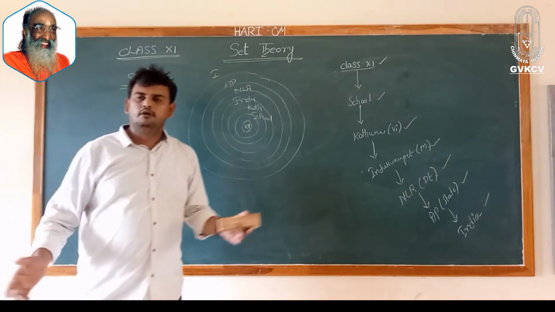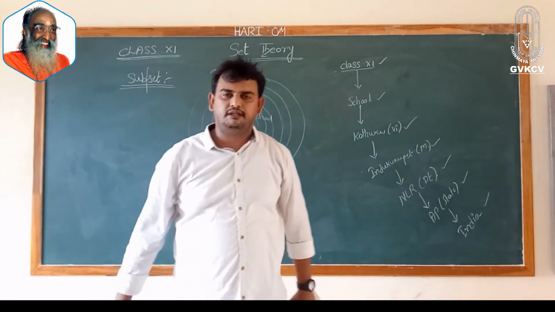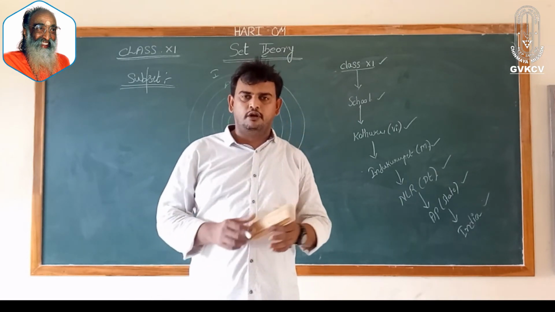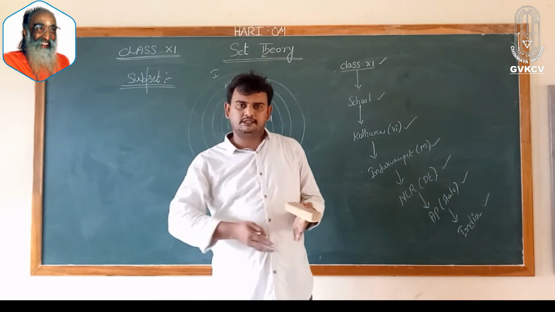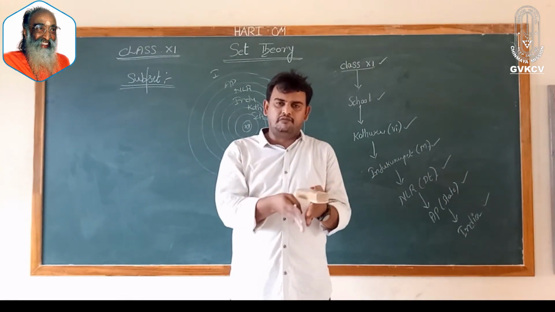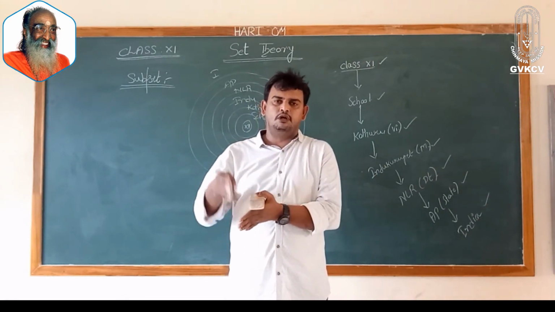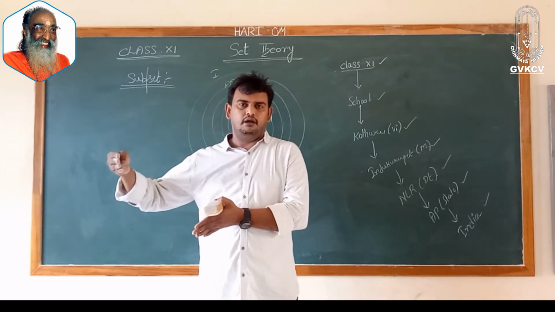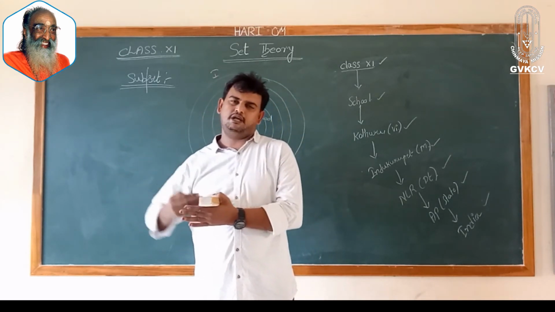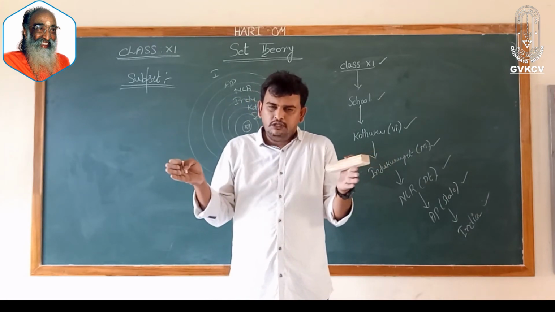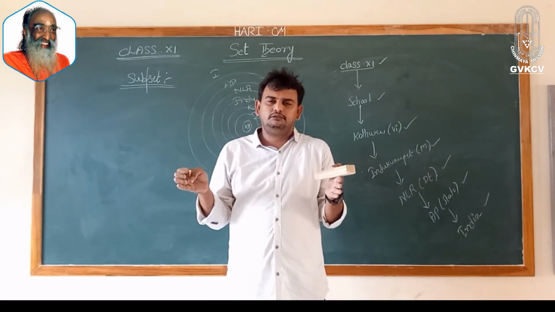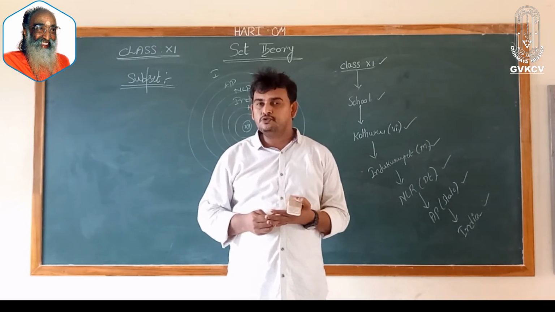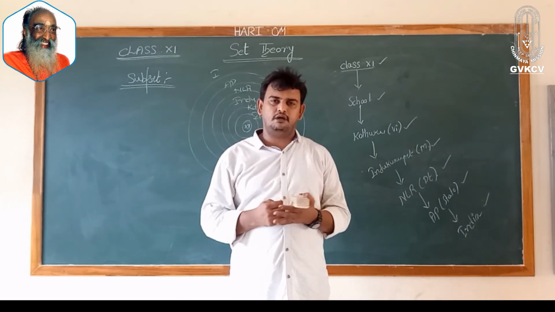For example, the collection of students in class 11th. Now we have 10 students. Let us take Akhtar, Irfan, Manjuna, Bhaskar Datta, Narendra, Irfan. Like that, we have 10 students. All these 10 students are a part of a school. In the school, how many students are there? 600 students.